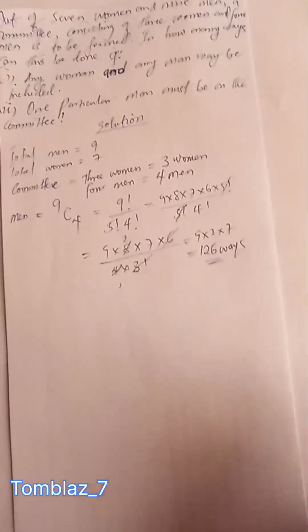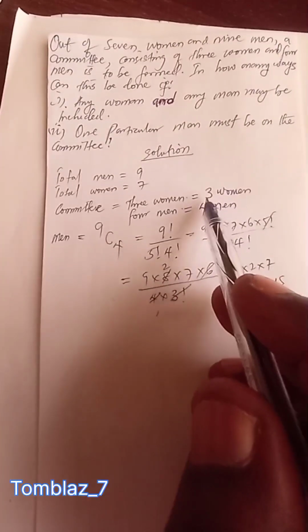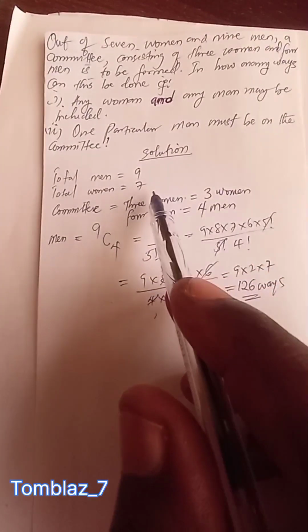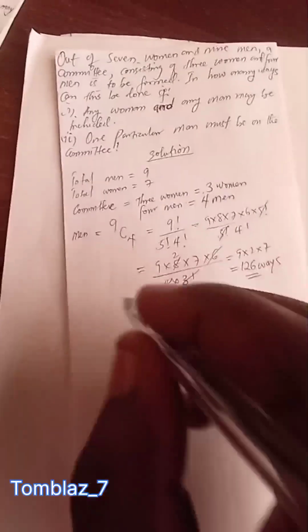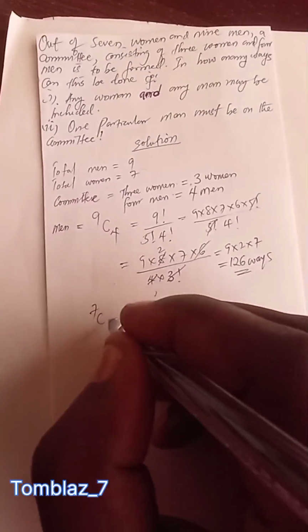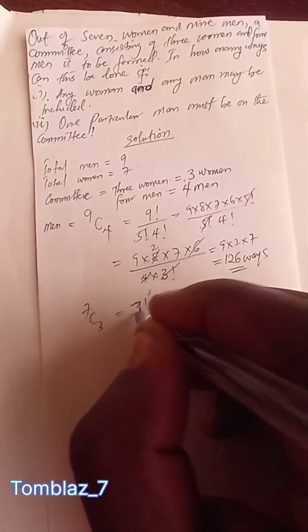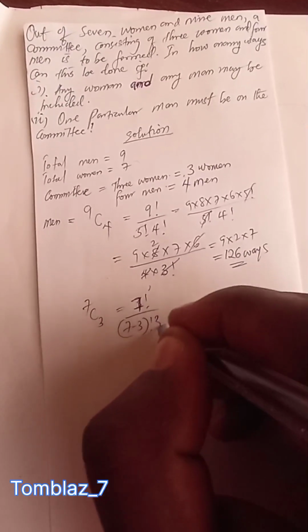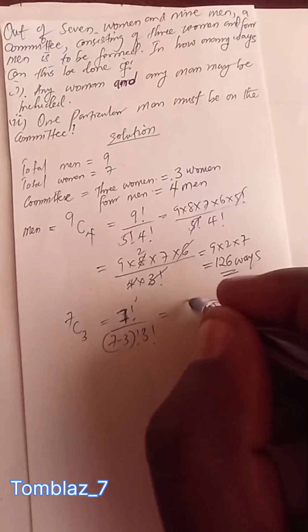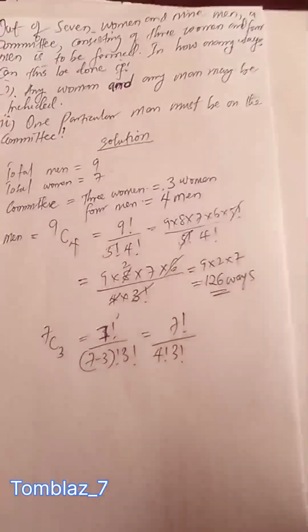Okay, so let's see the number of ways that we can select 3 women out of 7. So we have 7 combination 3, which is 7 factorial all over 7 minus 3 factorial 3 factorial. So this is 7 factorial all over 4 factorial 3 factorial.